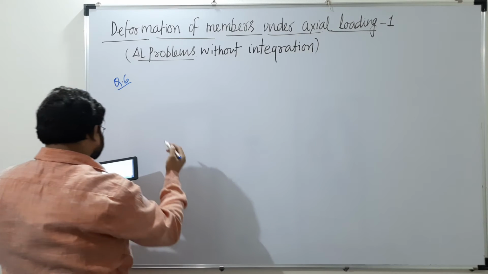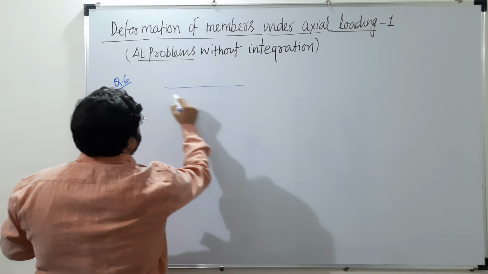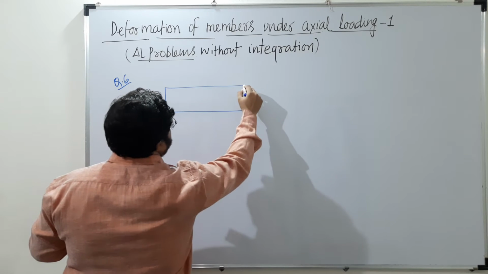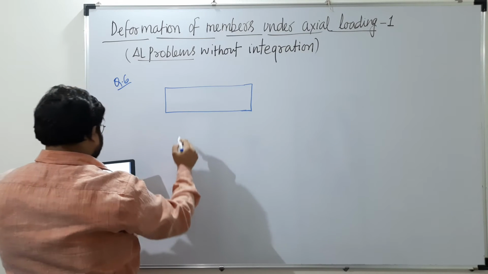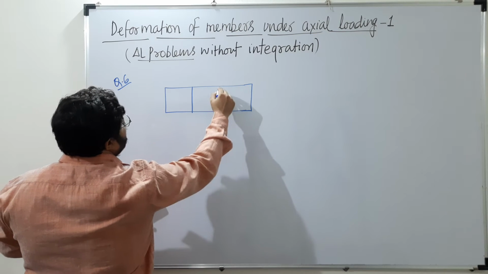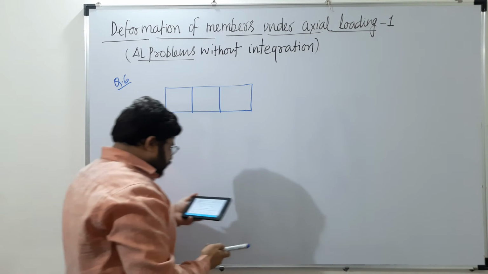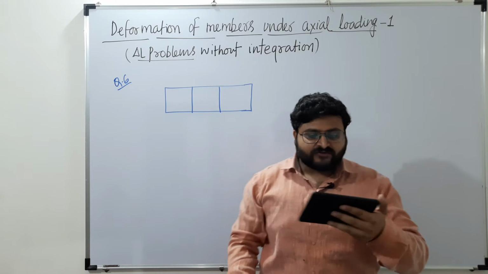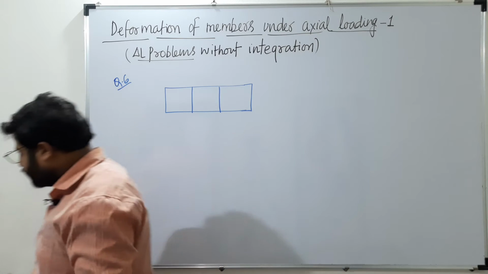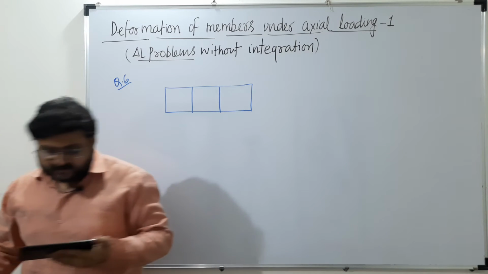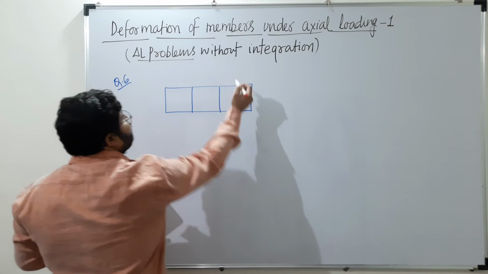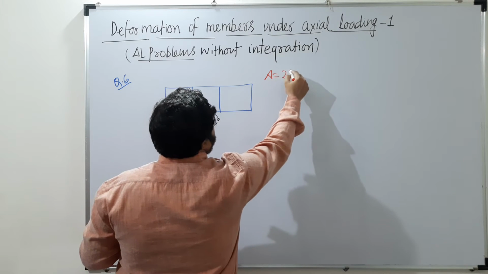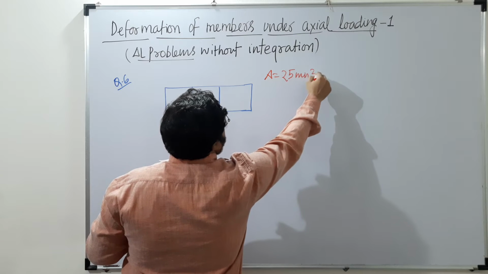In this problem, we have been given this value. The figure below shows a steel rod of 25 mm square cross sectional area. That means the data given is cross sectional area is 25 mm square. So A value is given 25 mm square.